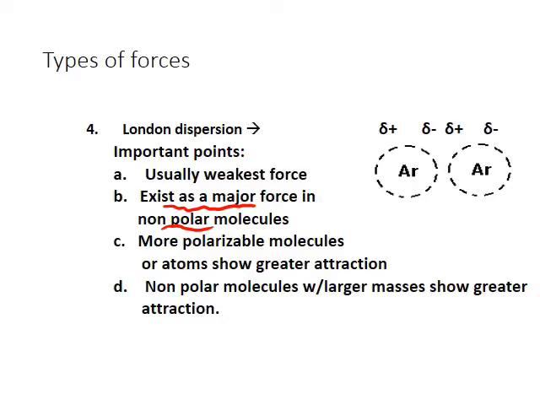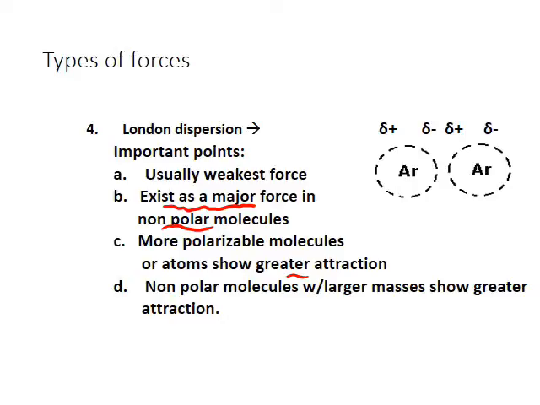More polarizable molecules or atoms show greater attraction. Like in case of noble gases, argon is a lot more polarizable than, say, neon because you are getting a bigger and bigger atom with more and more electron shells added to it. And that allows greater polarization.